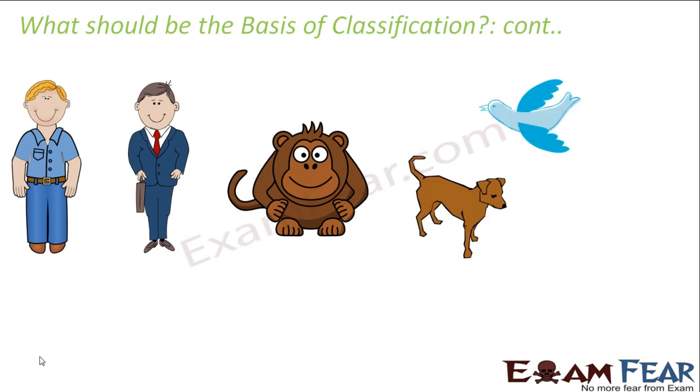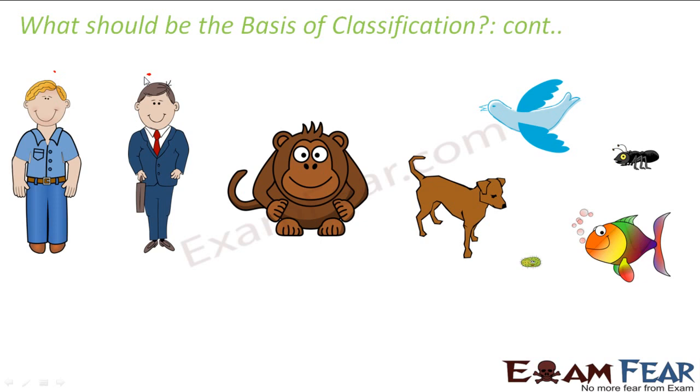Now if you compare yourself with an organism like a dog, the similarities reduce further. You compare yourself with a bird or a fish or an insect or a microorganism like bacteria. So as you go ahead, the similarities keep reducing. So what do you think? If I want to classify organisms, is the possibility that you and your friend will fall in the same group more, or the possibility that you and the bacteria will fall in the same group more?